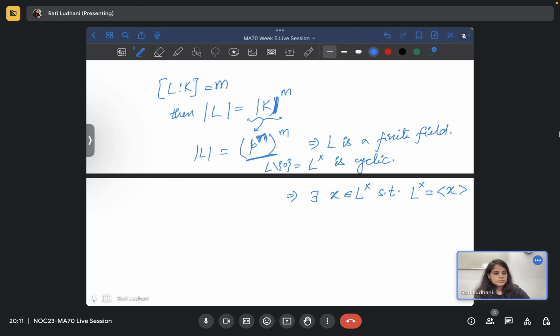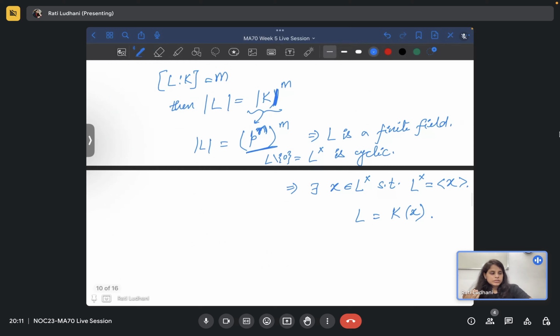Now you can write L to be exactly equal to K(x), because you need just 0. When you take K(x) you have 0, and from x you have the full L star. So you can write L to be exactly K(x).